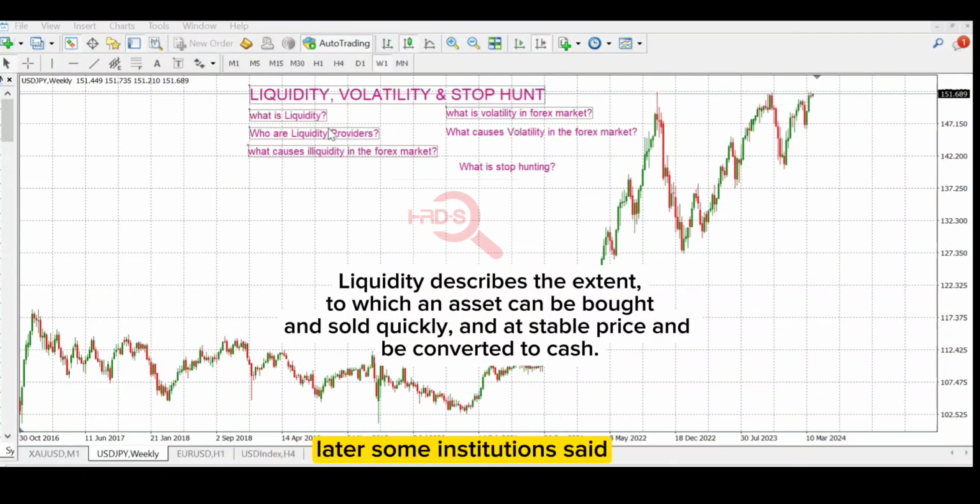Later, some institutions said, let's solve the problem of waiting when people place buy or sell orders. These institutions are called liquidity providers. What do they do? They provide liquidity so that the moment you click on sell, your sell will be executed. When you click on buy, your buy will be executed.